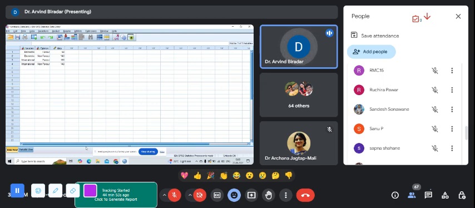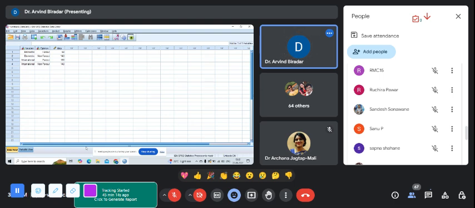Here is one problem related to chi-square. You have to study the association between two variables.